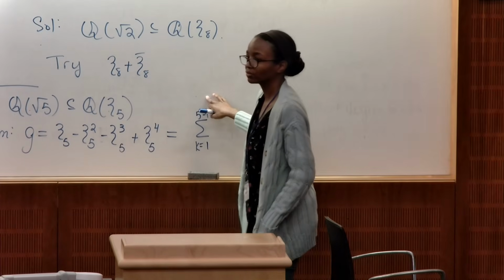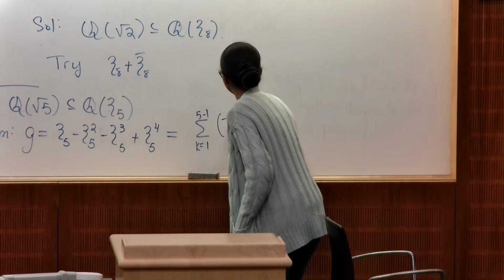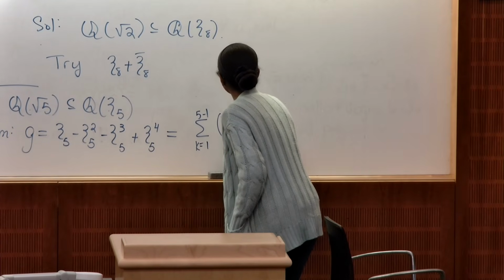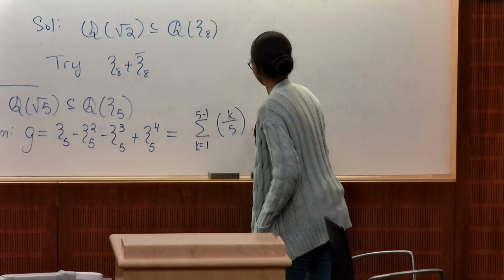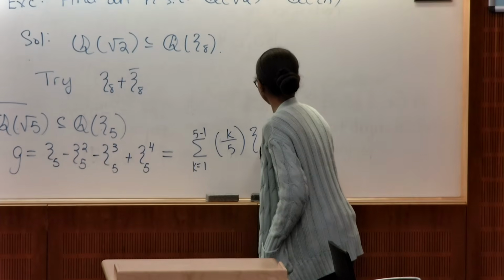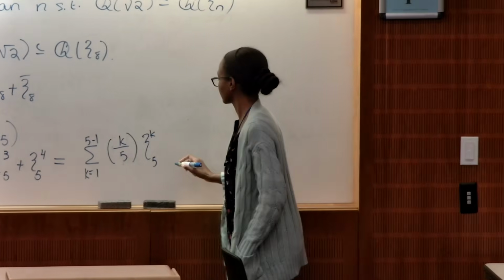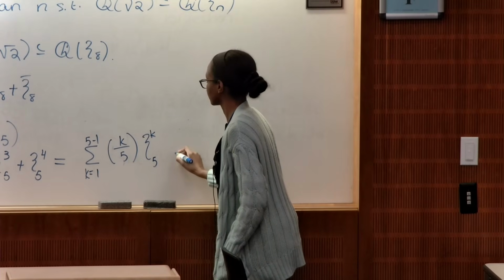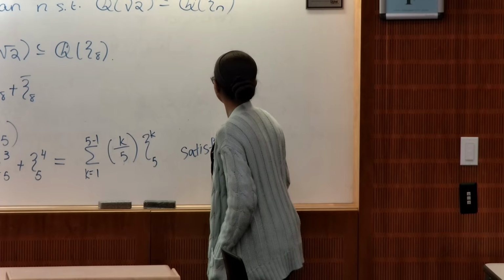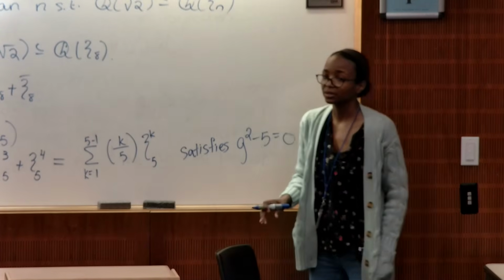This is an annoying way of writing 4, but it's because I have a generalization in mind of the Legendre symbol, of k over 5 times zeta 5 to the k. I claim that this is the root of x squared minus 5.